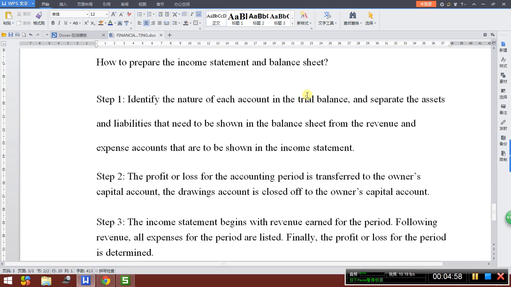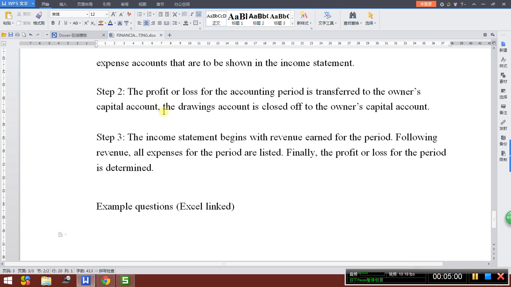Step 2, the profit or loss for the accounting period is transferred to the owner's capital account. The drawings account is closed off to the owner's capital account. So the final capital in the service business is the opening equity minus drawings plus the profit, which is revenue minus expenses.